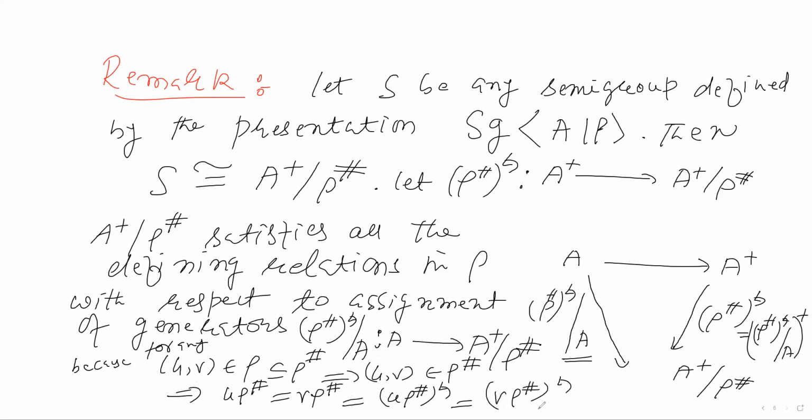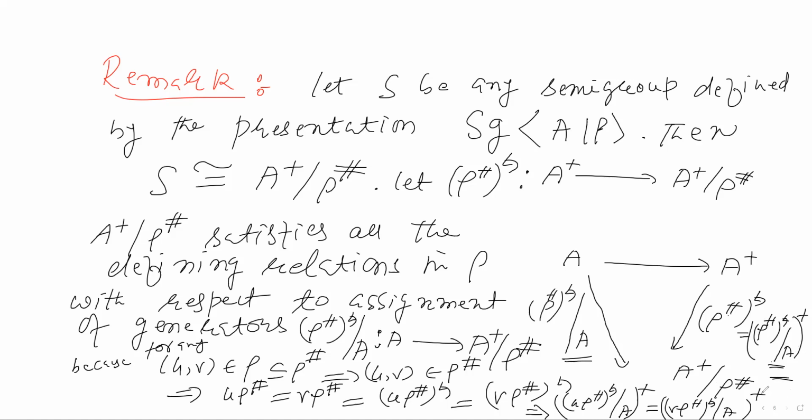Because these maps are the same, you have u rho sharp natural restricted on A plus is the same as v rho sharp natural restricted on A plus. So you can say that rho is contained in the kernel of this map, and the converse is also true. So by the previous remark, you have this.